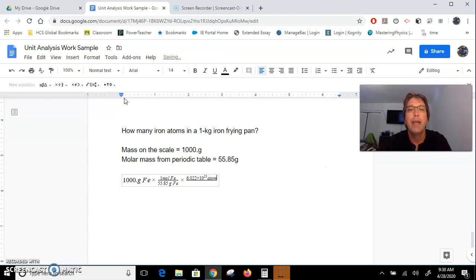We know there are that many atoms of iron. And I'm going to hit the tab key again. And that's in 1 mole of iron. And we see now our units that'll cancel out will get us all the way to atoms. So I can hit the tab to get out of that, hit my equals mark, and then try to figure out what the answer is.